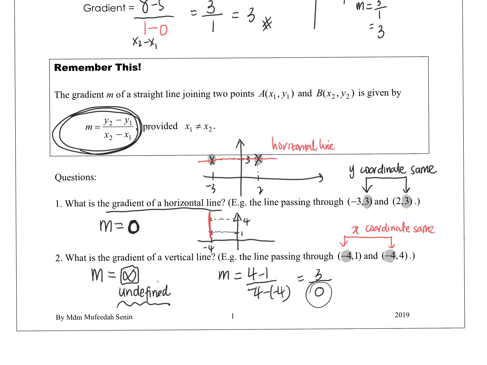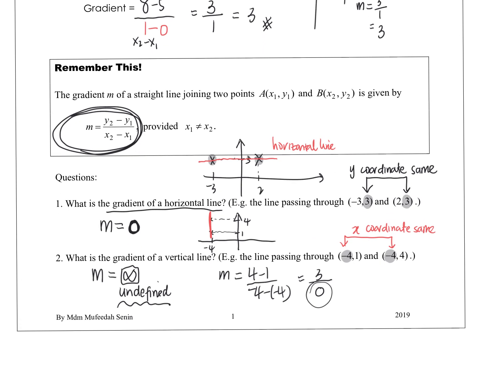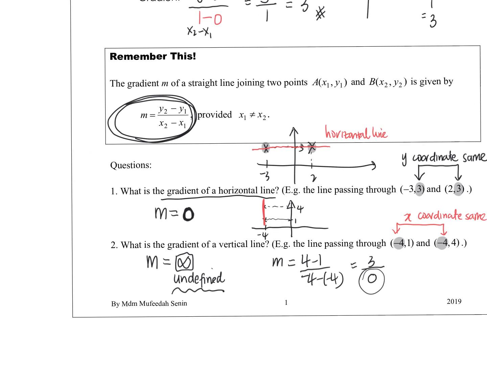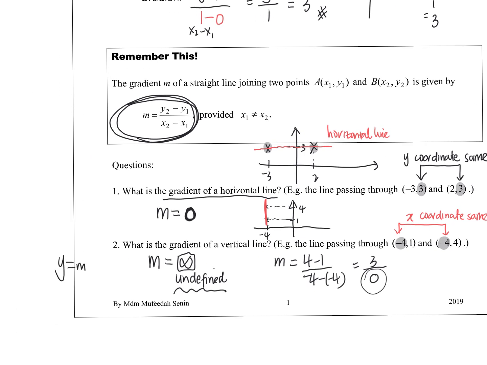So the gradient m is equal to infinity. If they ask you for the gradient, you will just write undefined or you write infinity. Okay, but O-level rarely asks you this. They will ask you for the equation of the line. So when they ask you for the equation of the line, you know y equals to mx plus c, right?